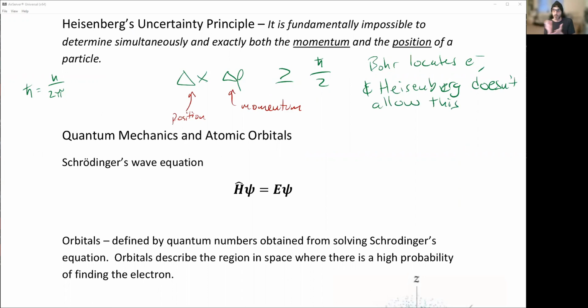So who is right? Well, Heisenberg is correct here. We use the Bohr model to demonstrate, but we're really going to start looking at electrons as a probability more than anything.